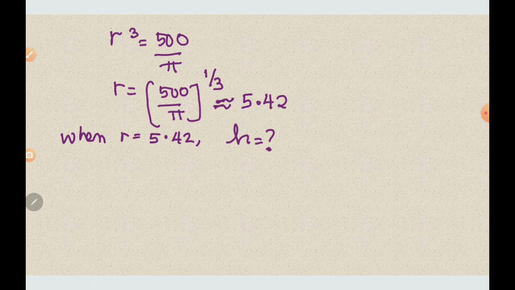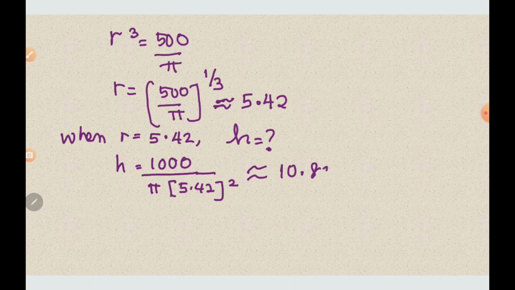You will get h is equal to 1000 over pi multiplied by 5.42 squared, and the value is approximately equal to 10.84.